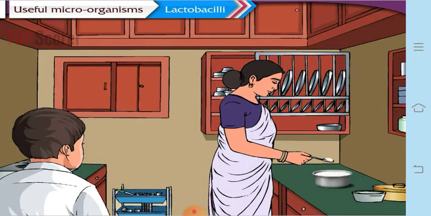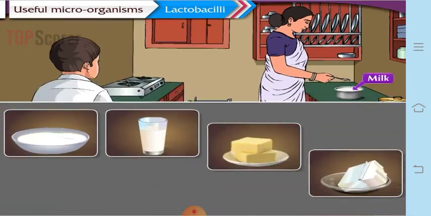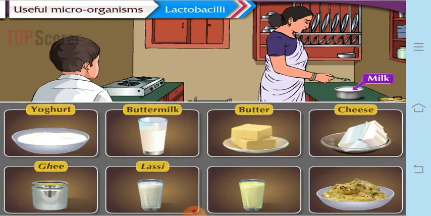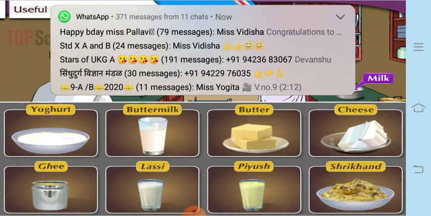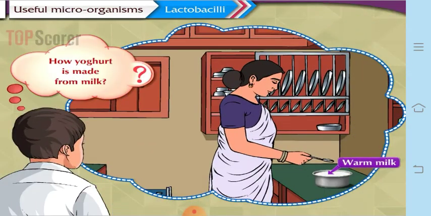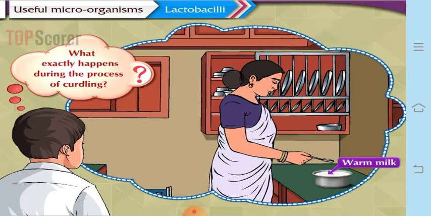Now you might have seen your mother preparing so many things in the house, maybe yogurt or buttermilk or butter, cheese, ghee, lassi, piyush, and even shrikhand. For all these, lactobacilli is used. Now, how is yogurt made from milk and what exactly happens during the process of curdling?